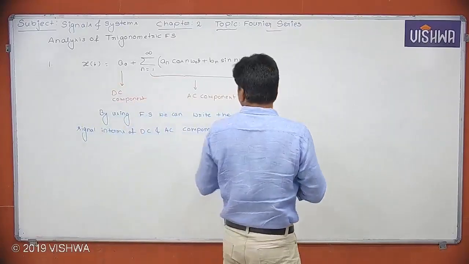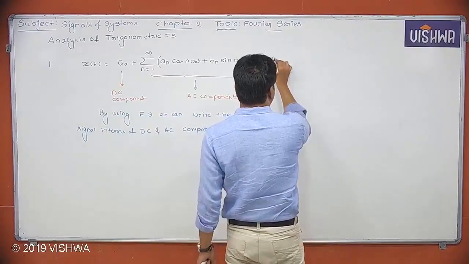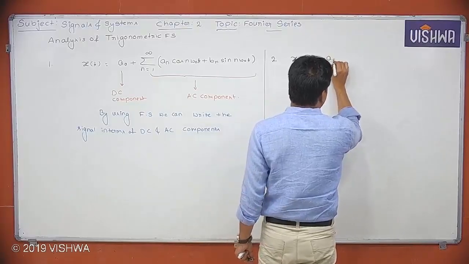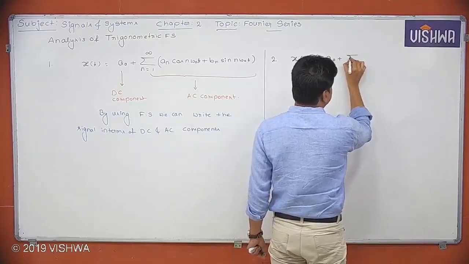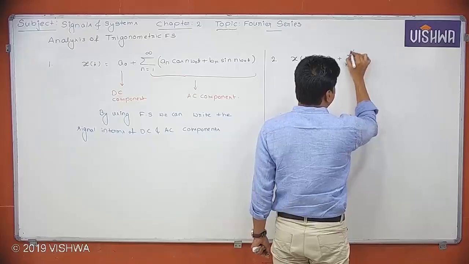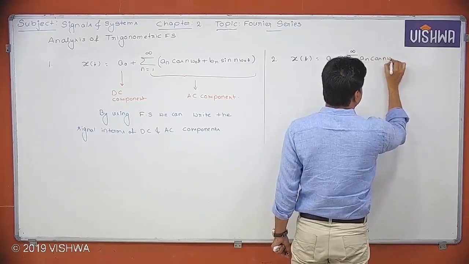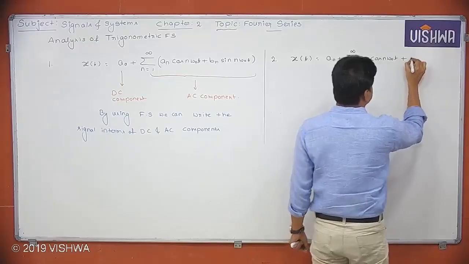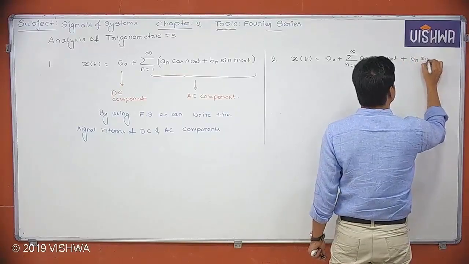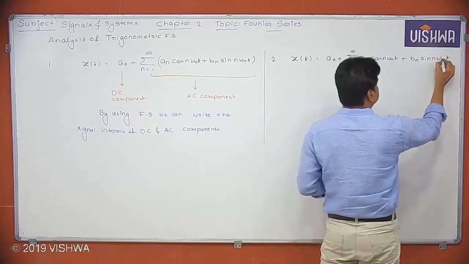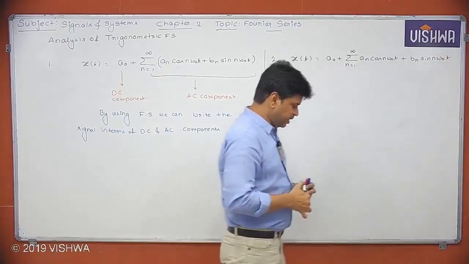Next, in a similar way, second one, again I am writing x of t is equal to a0 plus summation n is equal to 1 to infinity an cos n omega naught t plus bn sin n omega naught t. Now, listen carefully.